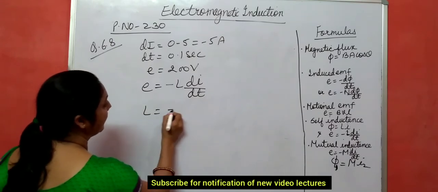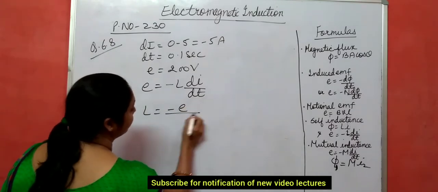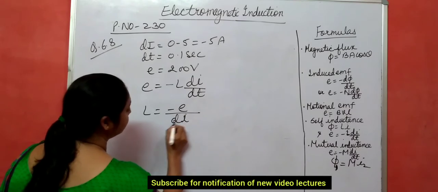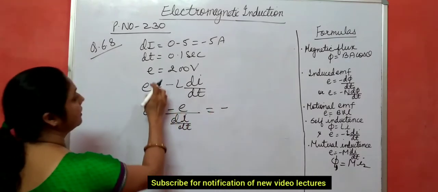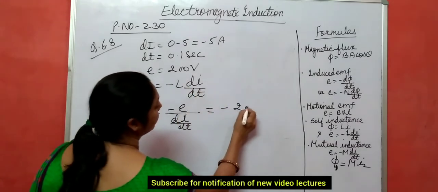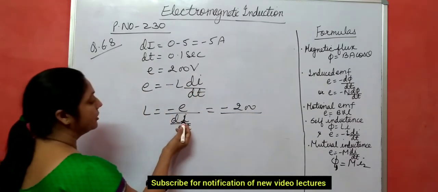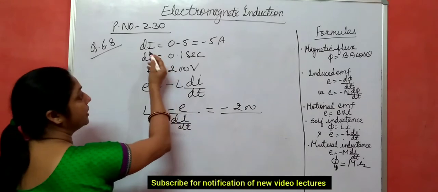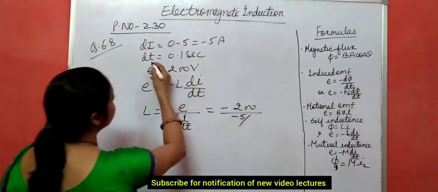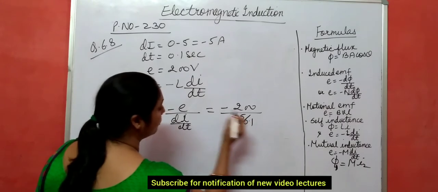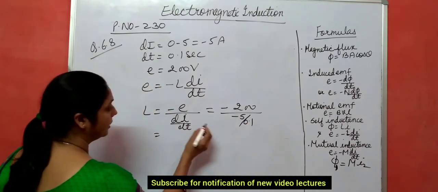So L is what? L equal to minus E divided by di by dt, right? And what is E? E is given, 200, divided by the change of current. So di is what? Minus 5, and the change in time is how much? 0.1 second. You solve this one.